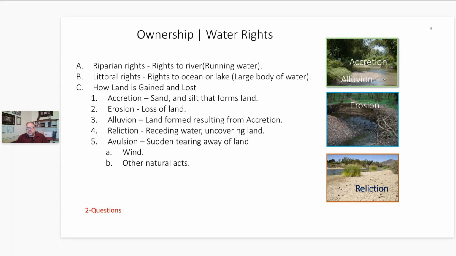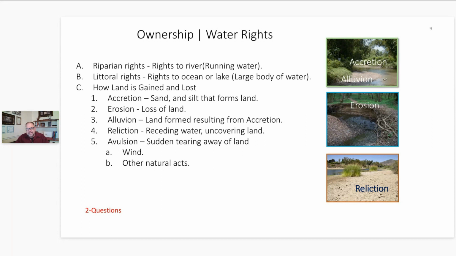That's called littoral, large bodies of water. So you can develop a nice memory aid, a system to correlate those two words. But you want to know those two words when it comes to water rights and ownership for the state exam. Now, the other thing you want to know is how land is gained and lost.